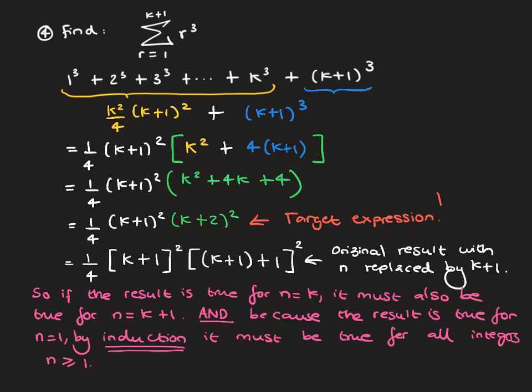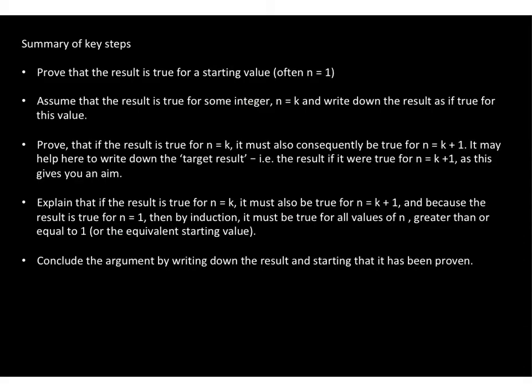Now, a nice note, you may have come across this before, if you want to show that you've completed your proof, you can write in a QED. So here's a quick summary of the key steps that we have looked at. Firstly, prove that the result you're trying to prove overall is true for a starting value. It's often n equals 1, it's not always n equals 1.